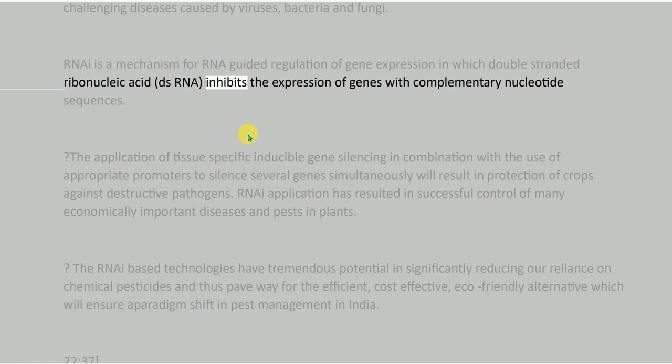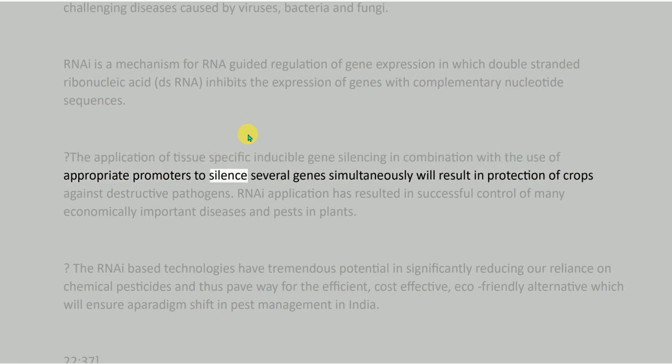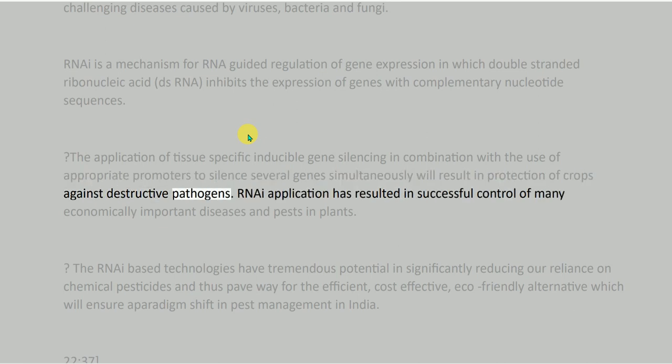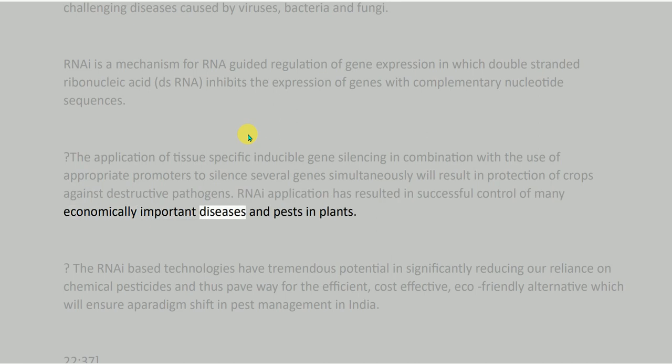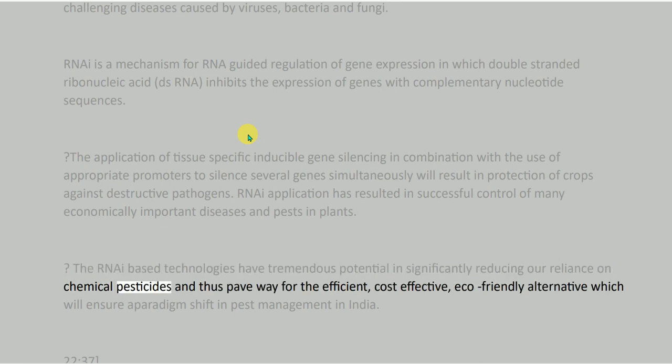The application of tissue-specific inducible gene silencing in combination with the use of appropriate promoters to silence several genes simultaneously will result in protection of crops against destructive pathogens. RNAi application has resulted in successful control of many economically important diseases and pests in plants. The RNAi-based technologies have tremendous potential in significantly reducing our reliance on chemical pesticides and thus pave the way for an efficient, cost-effective, eco-friendly alternative which will ensure a paradigm shift in pest management in India.